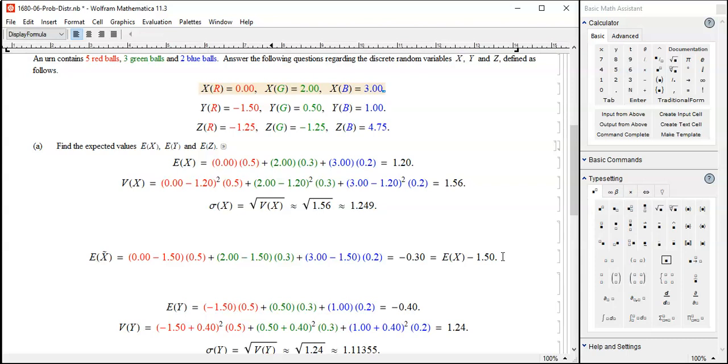Now, what do you think will happen to the standard deviation? I'll leave the computation to you, and the answer will turn out to be the same as before.